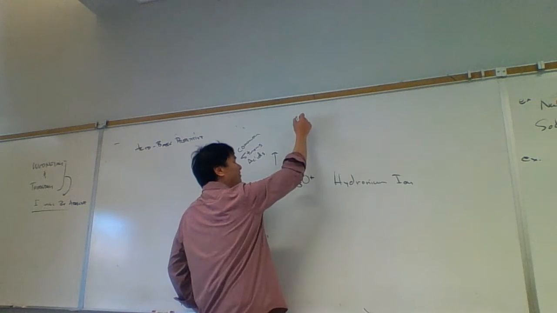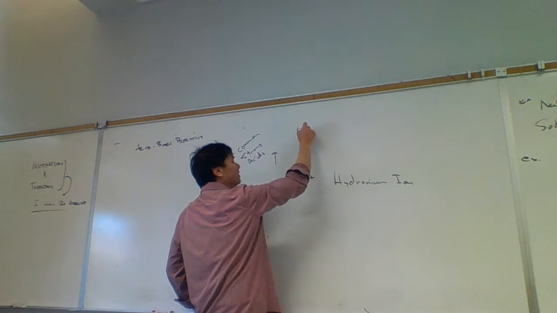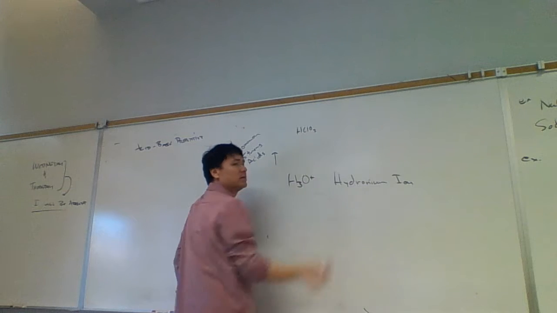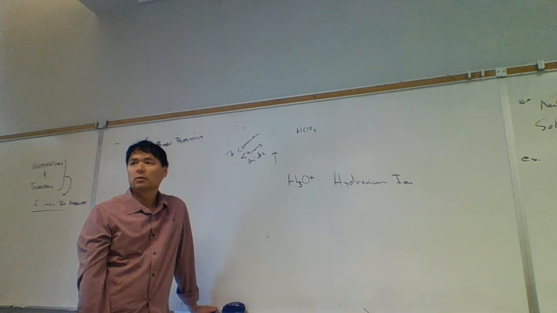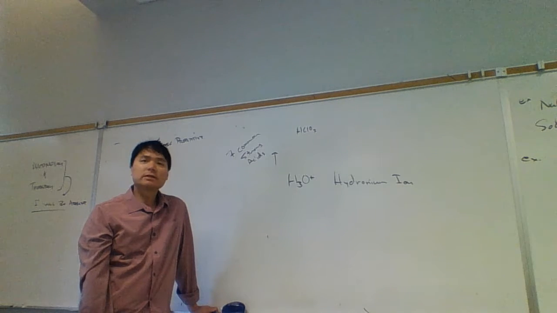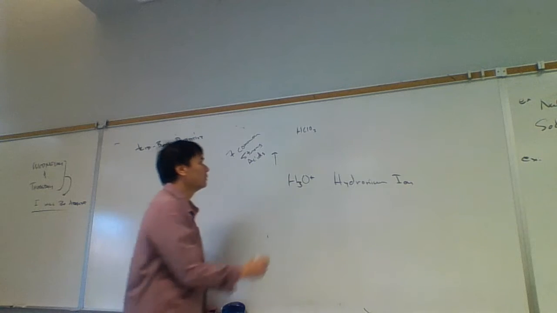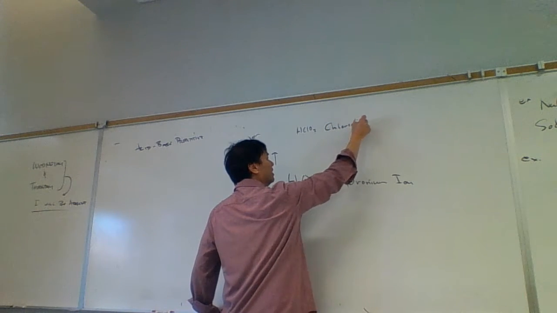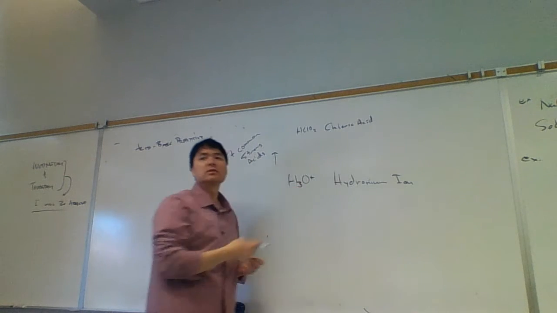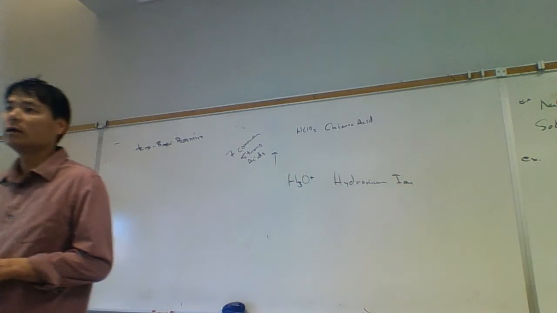Is HClO3. HClO3 is called, not hydrochloric, HCl is called hydrochloric acid. Yeah, just chloric acid. And so we have the 6 on the chart plus this one, which is the 7.